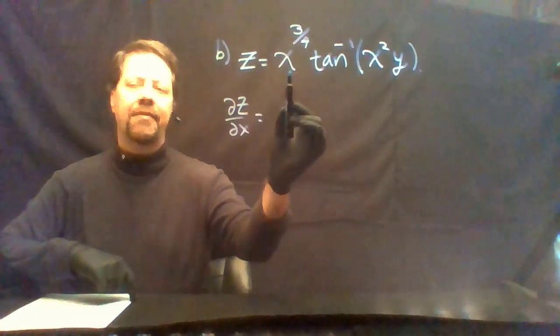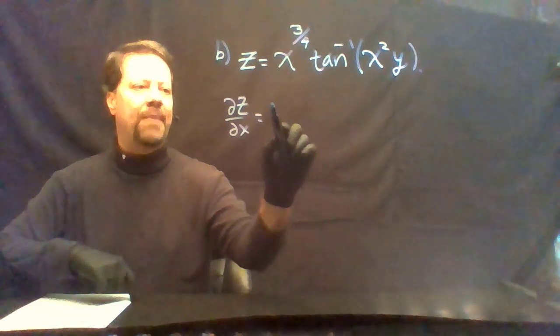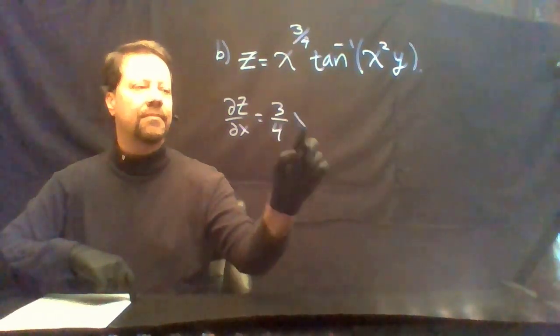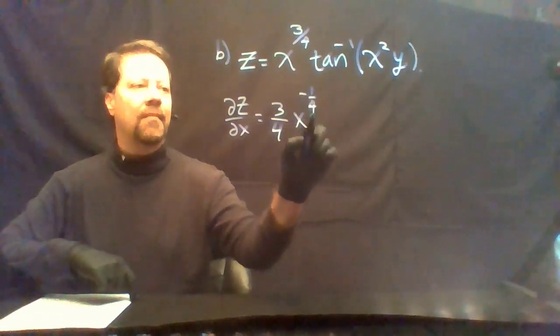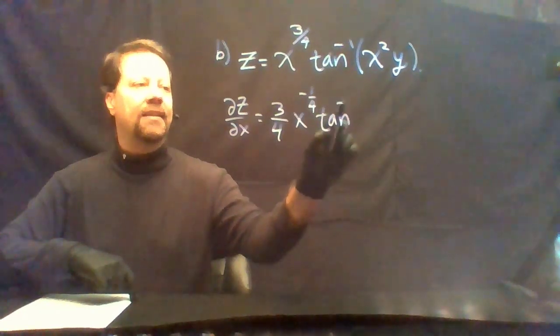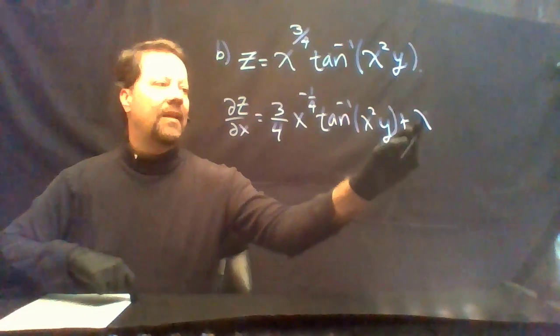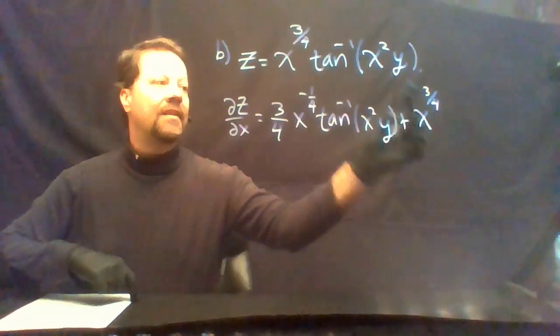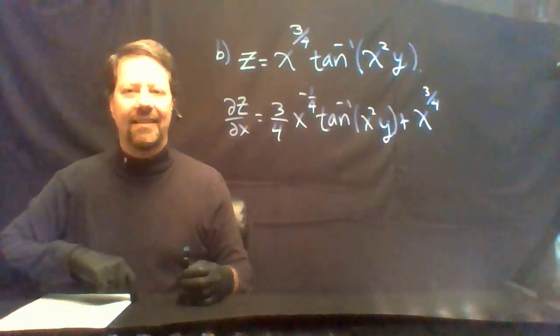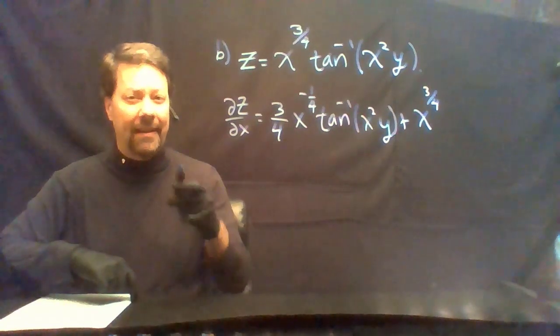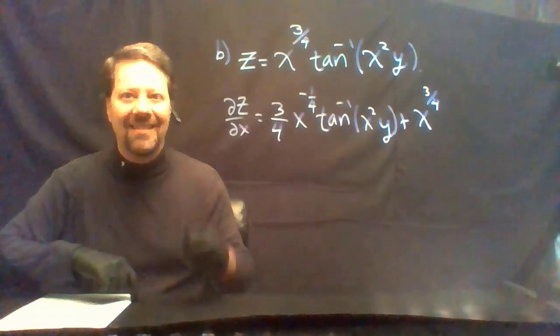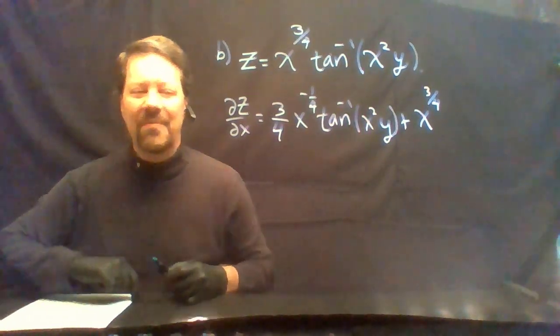So the derivative of the first, that just uses the power rule, times the second, plus the first times the derivative of the second. The derivative of arctan, that's the one I wanted you to remember.